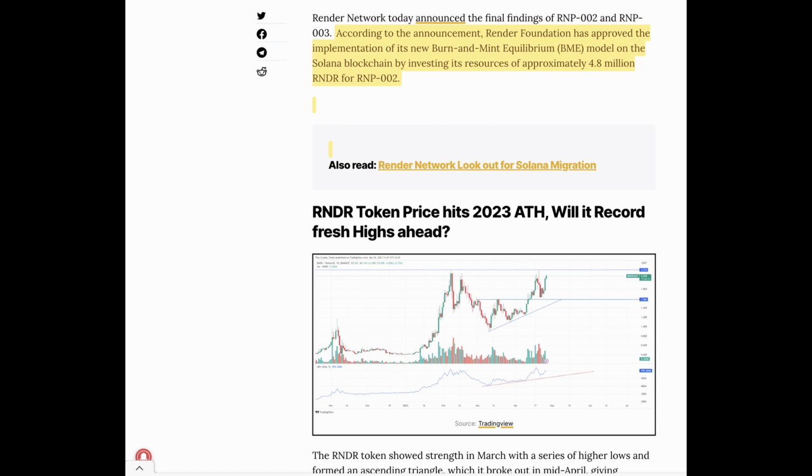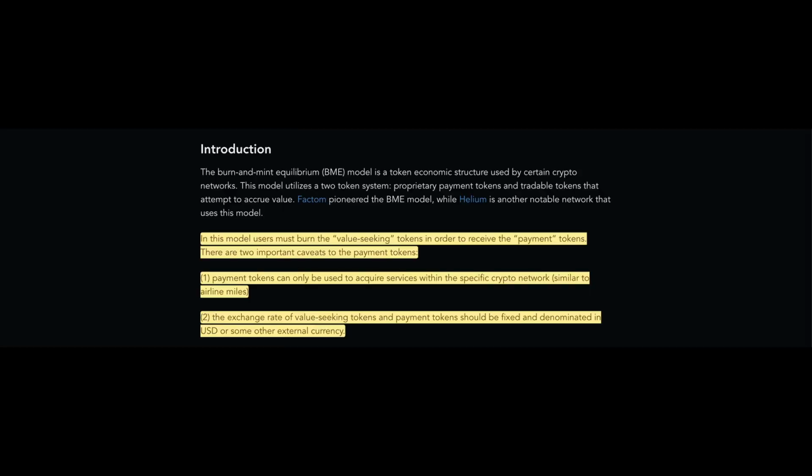The BME model is like a plan used by some blockchain networks. It uses two types of tokens, one for making payments within the network and another for trading and getting more valuable. Filecoin was the first to use this plan, and Helium is another network that does the same thing. In the BME model, users need to burn the tokens that are meant to become more valuable.